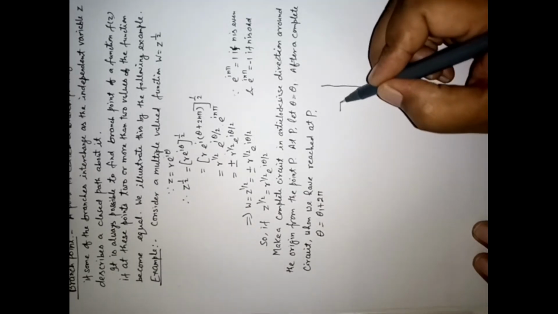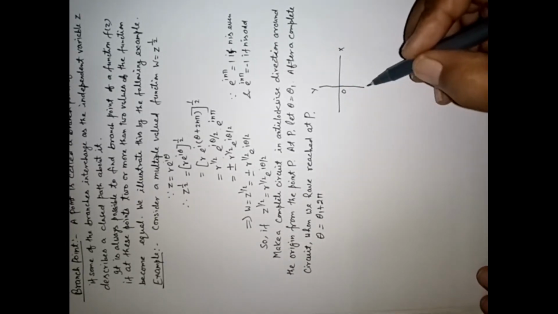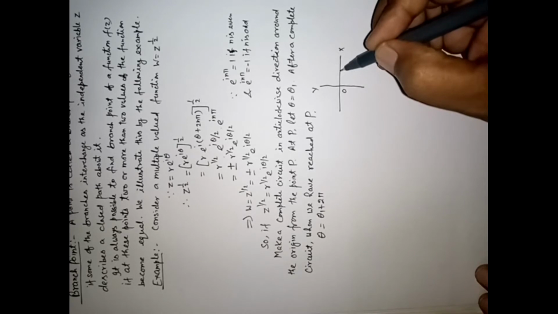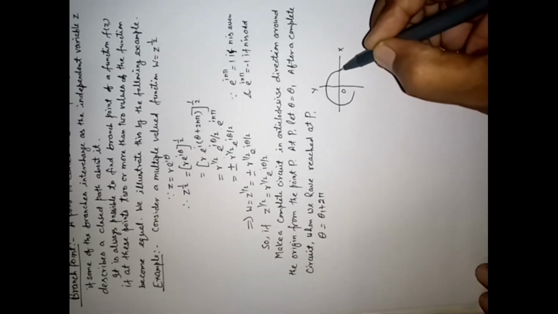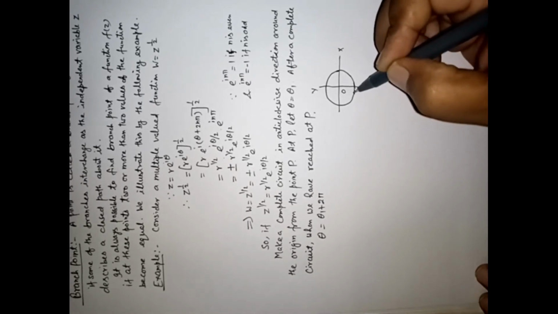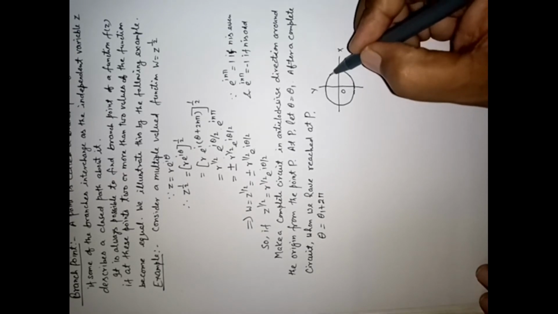Let this be my x-axis, this is the origin, and this is the y-axis, the imaginary axis. Draw a circle about O of radius r. Let P be a point here.